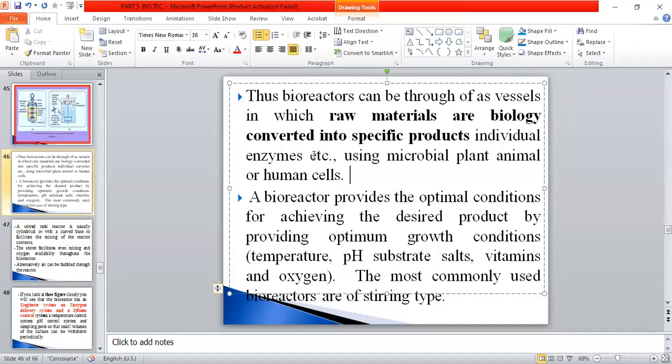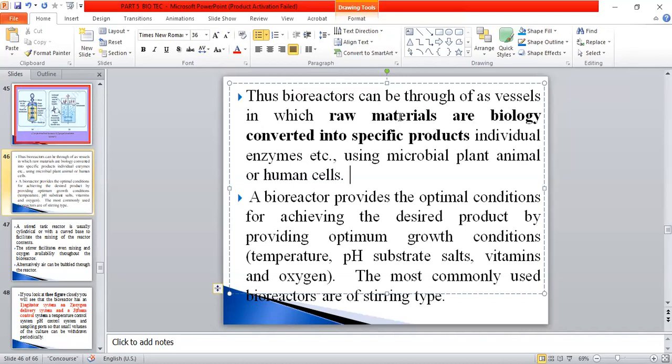A bioreactor can be seen as a vessel in which a raw material, as I already told you, is biologically converted into specific products by individual enzymes. For example, in curd making industries, milk is the raw material. In ethanol production, sugar molasses is the raw material.